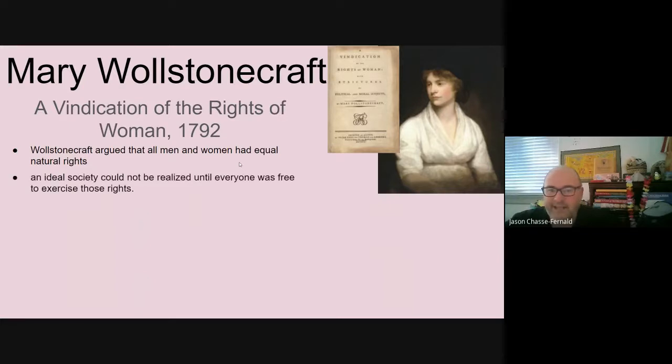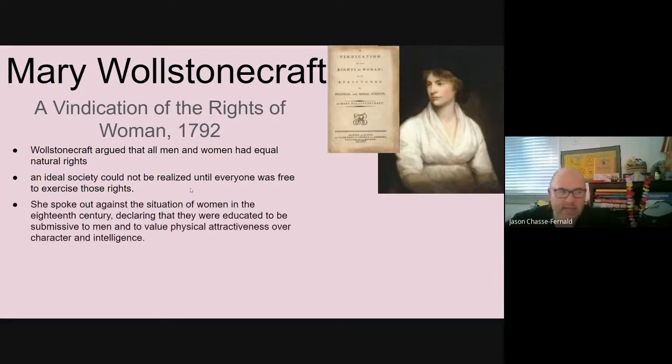Right, so she's modifying Locke for her own purposes. An ideal society could not be realized until everyone was free to exercise those rights. And so she's now making her own arguments here that if you want to maximize the potential of society, then you cannot do so with 50% of the population, in a house, not being allowed to fulfill their potential, whatever that potential is.